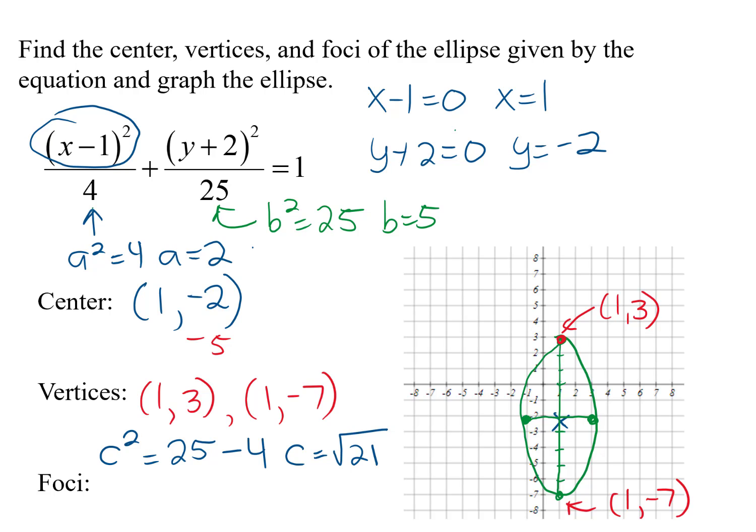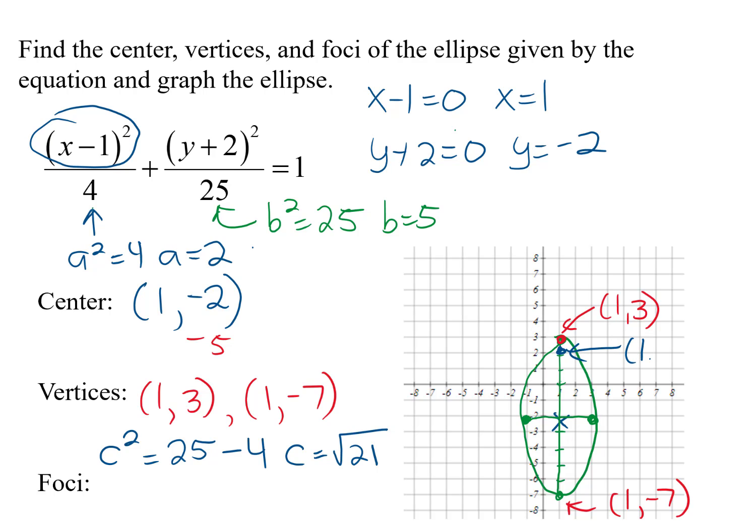The foci are located along the major axis, so in this case I'm going to need to go up from the center and down from the center by c to put on the foci. And c is the square root of 21, which is 4 point something. So I'm going to go up 1, 2, 3, 4 point something, and I will put this point on there.